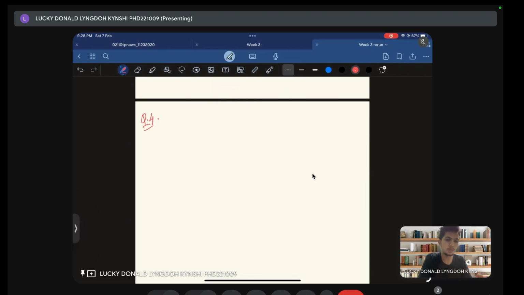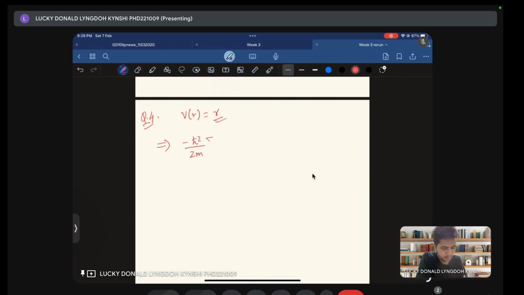But in most of the problems you will also encounter r, theta, phi. For example, V of r is equal to simply r, which depends upon r, not simply x or y or z. In such cases, your Schrodinger equation will be minus h cross square by 2m del square.